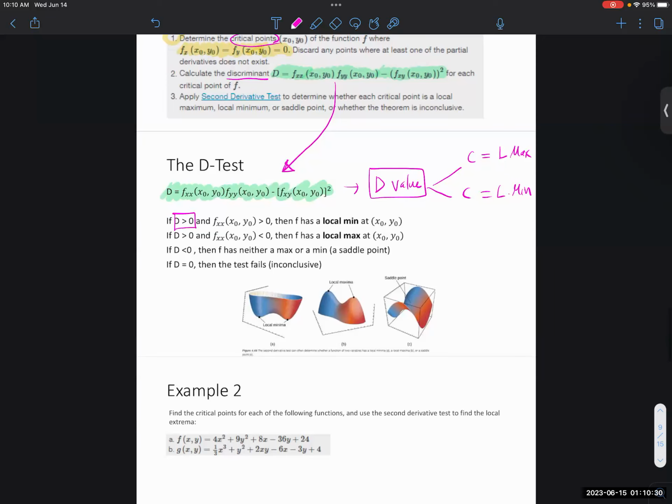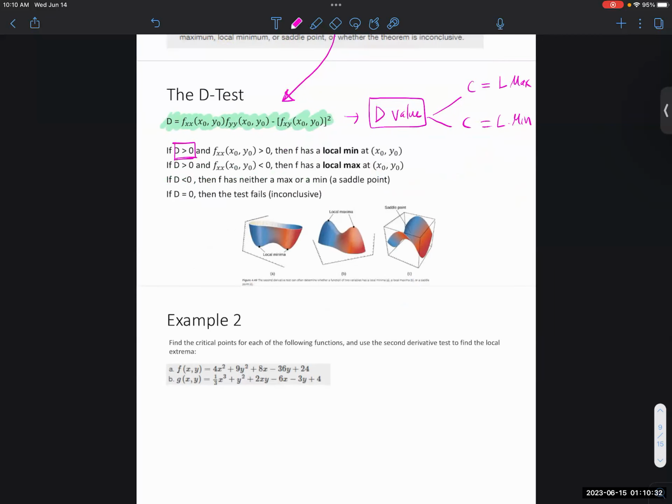By using this formula, if D is positive, there are actually two conditions. D value is positive and the second partial derivative with respect to x is positive, both positive, local min.